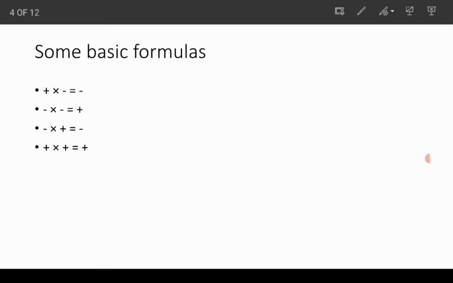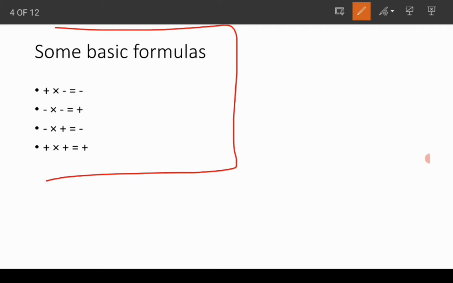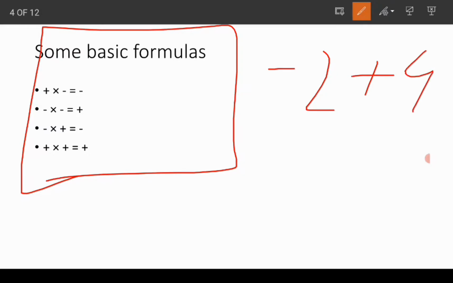Tell me fast. So I was telling some basic formulas. How to use these formulas? -2 plus 4, one example I took. So now you do 4 minus 2, which will be 2.